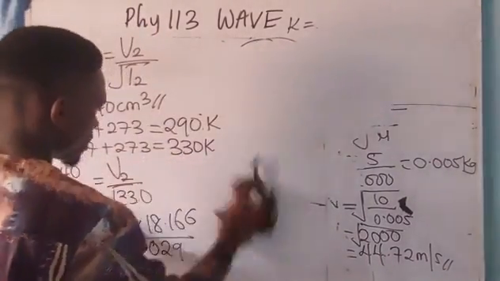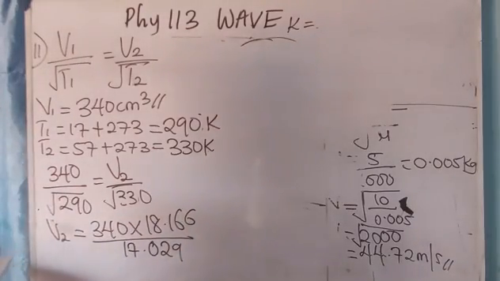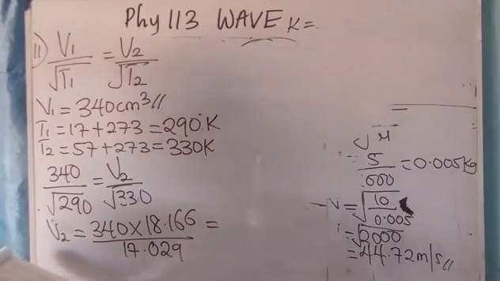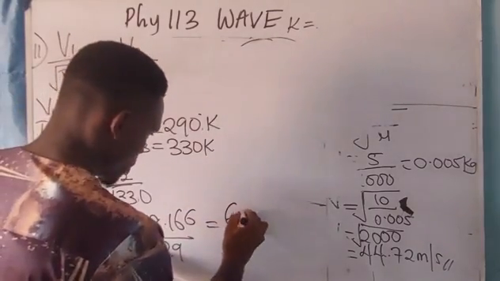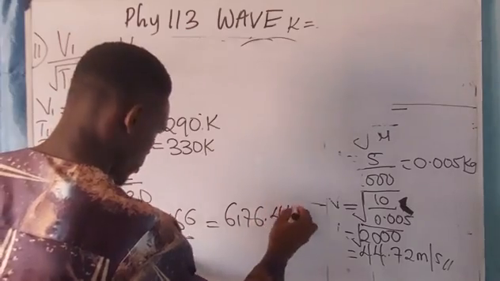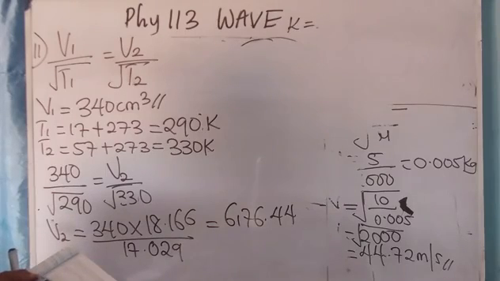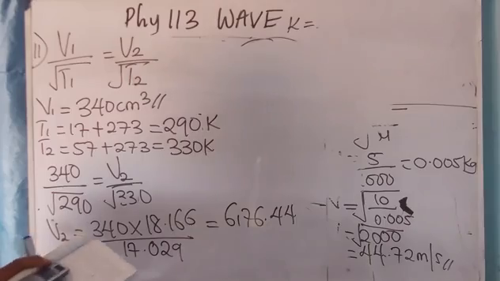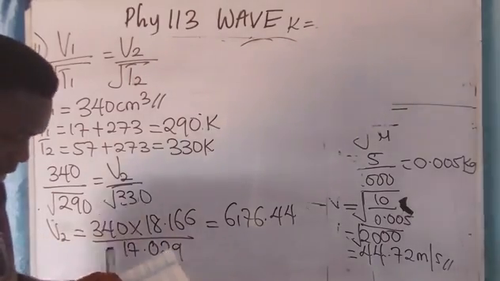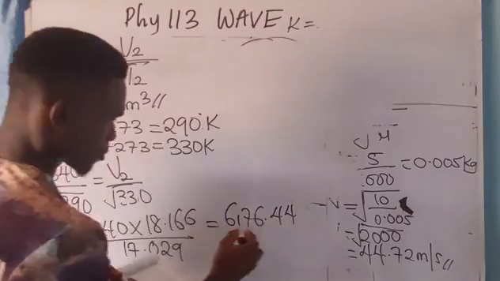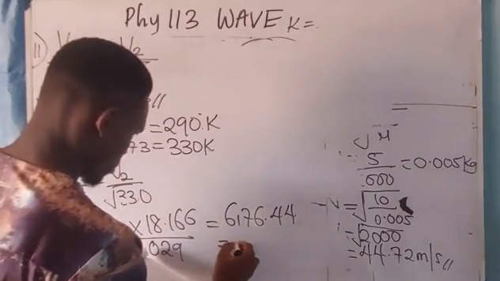So what do you do next? 340 times 18.166 equals 6176.44. 6176.44 divided by 17.029 equals, I'll be having 362.70.